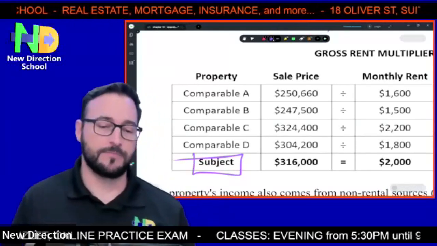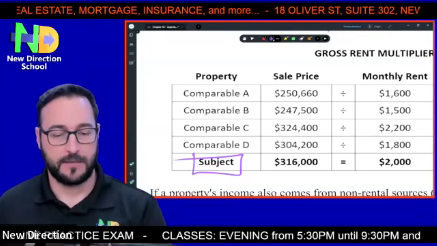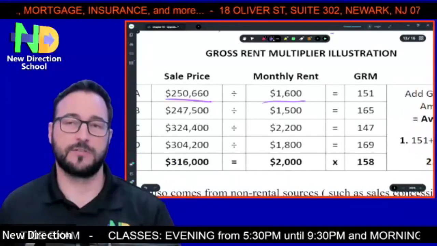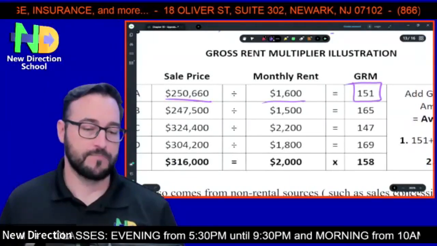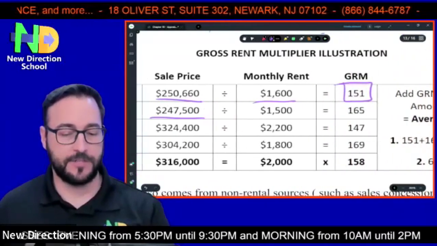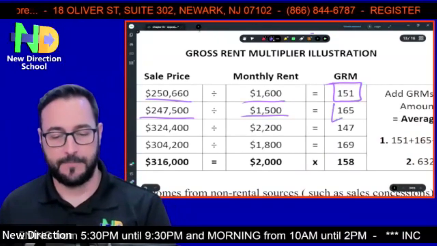What we're going to do is we're going to look at property A, B, C, and D, see how much he sold for. This one sold for $250. It was bringing $1,600 a month. The GRM is $151. Property B sold for $247,500, and it was bringing $1,500 a month. The GRM $165.